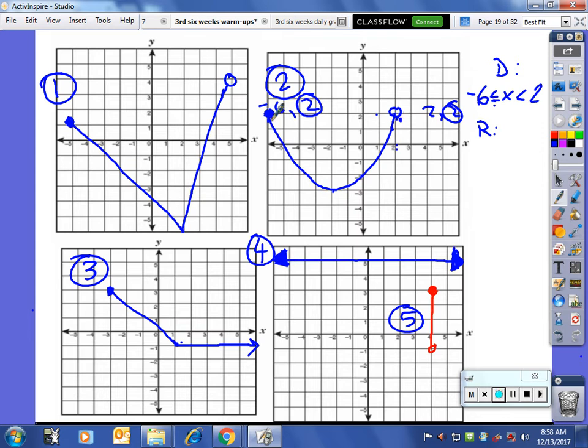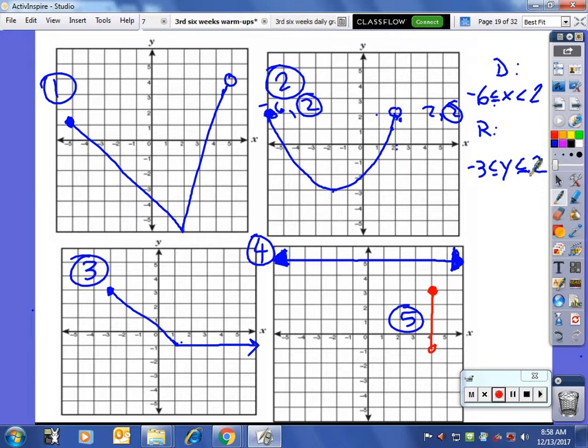So what kind of symbol should I use? Yeah, you got to put that little equal to symbol with it. So the lowest is -3, the highest is 2, and even though it's not colored in here, it is colored in here, so we do have to include it. All of the y's are in between, so we would use less than or equal to signs on both ends here. Are you with me?